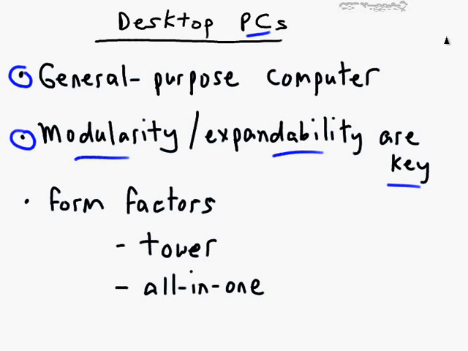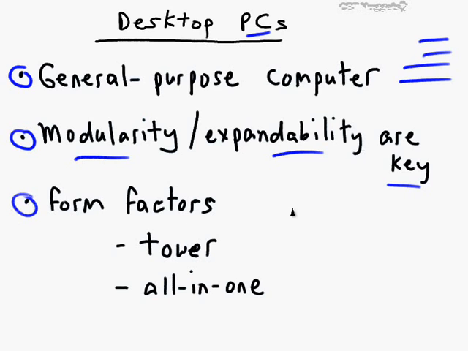Of course, the expansion bus with all of those various slots that allow you to put special purpose adapter cards, and then as newer, faster versions of those cards come out, replace them yet again with an eye toward keeping your computer as current as possible for as long as possible. Okay? Now we're going to see that this modularity and expandability issue with desktop PCs is a huge trade-off when we start talking about laptop computers and especially netbooks.